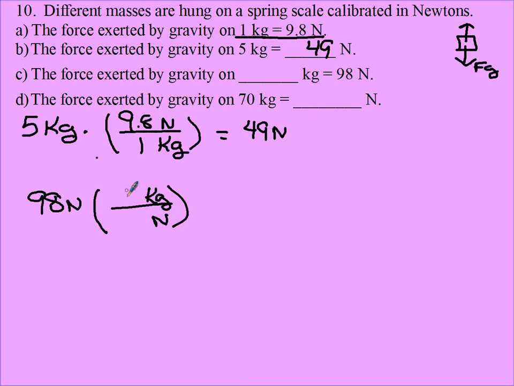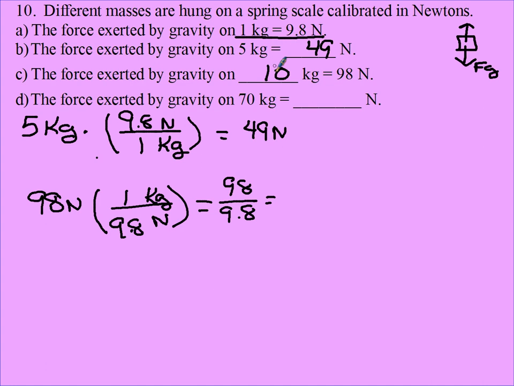Now for this case, I know 1 kilogram is 9.8 newtons. So I multiply straight across. 98 divided by 9.8 is of course equal to 10. So I know 10 kilograms is going to be 98 newtons.